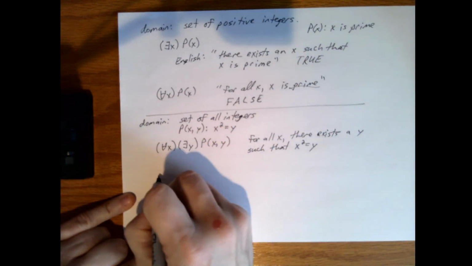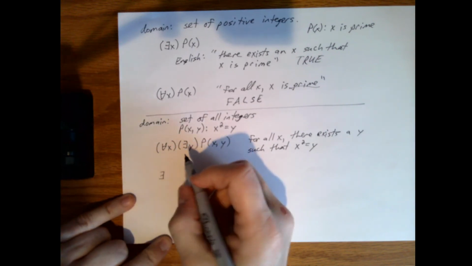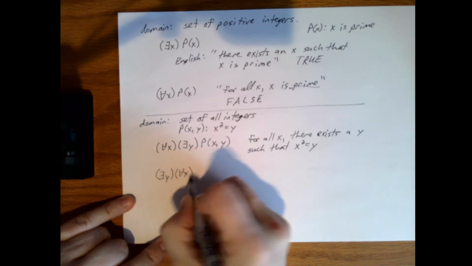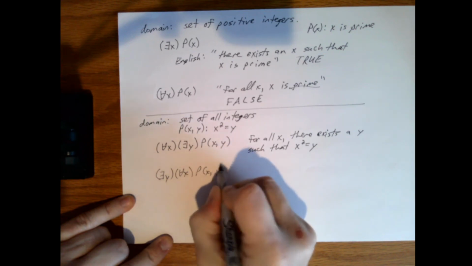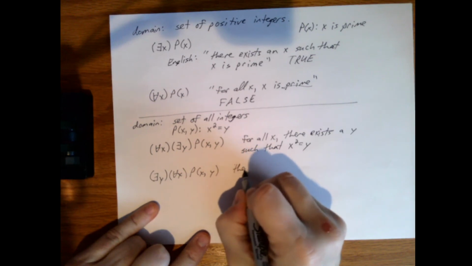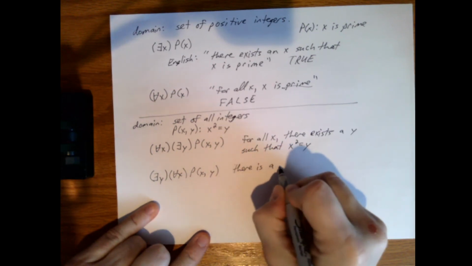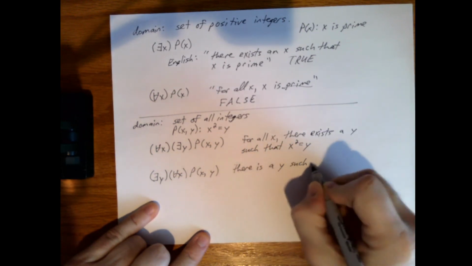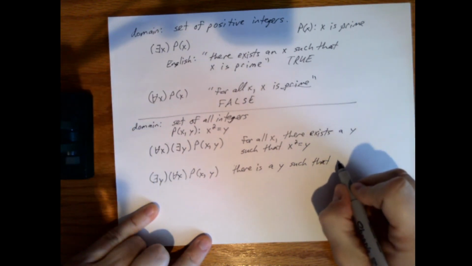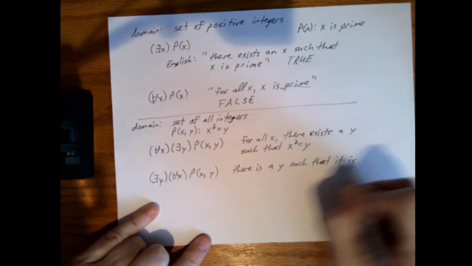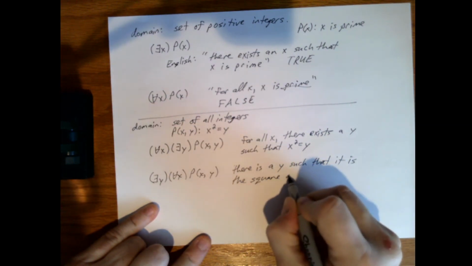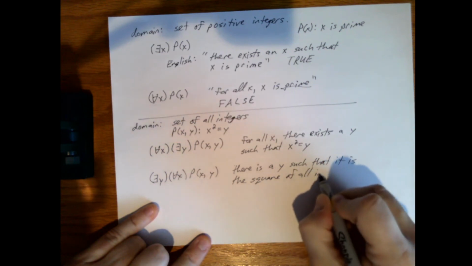If on the other hand I wrote this, if I just swap the two here, now this says there is a y such that it is the square of all integers.